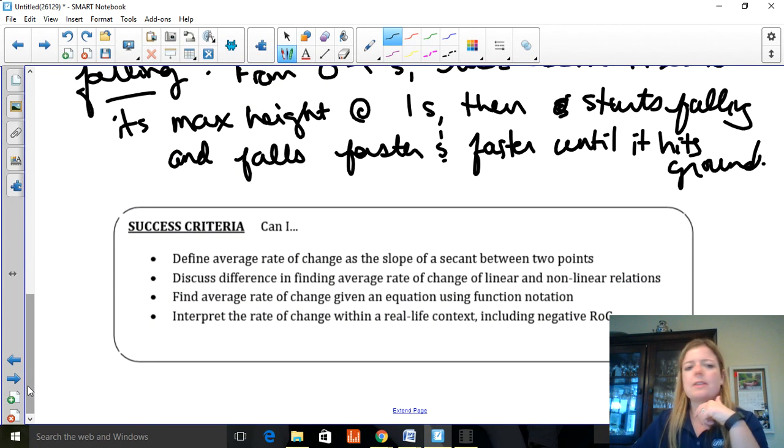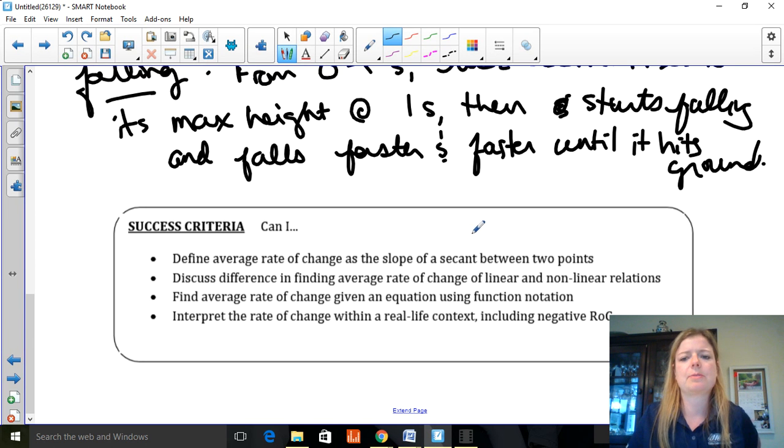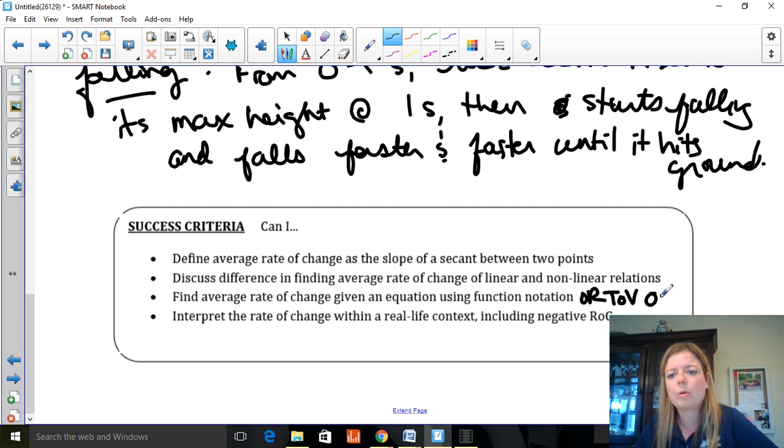So as a result of this note today, you should be able to define average rate of change as the slope of a secant between 2 points. You should also be able to discuss the difference between finding the average rate of change in linear relations and nonlinear relations. You should be able to find the average rate of change given an equation using function notation, or a table of values, or a graph.